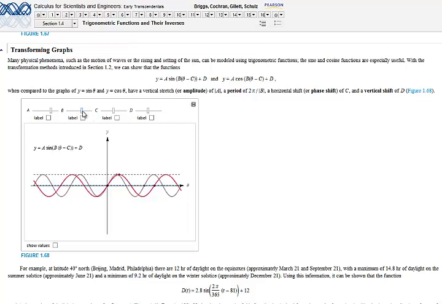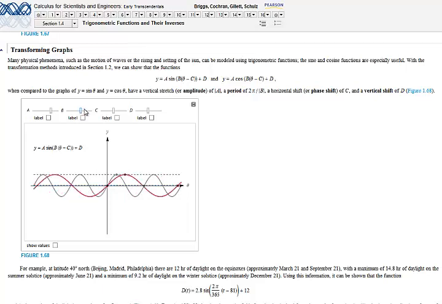I love this function. So as I increase b, look at the horizontal. See, it shrinks up, and as I decrease b, notice that it is stretching out. And as b is negative, it actually flips.